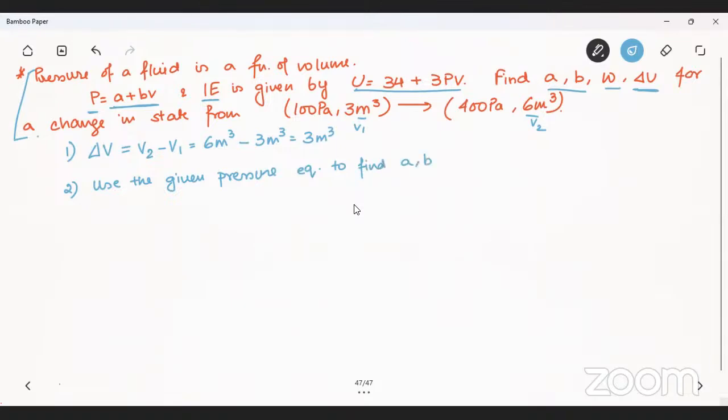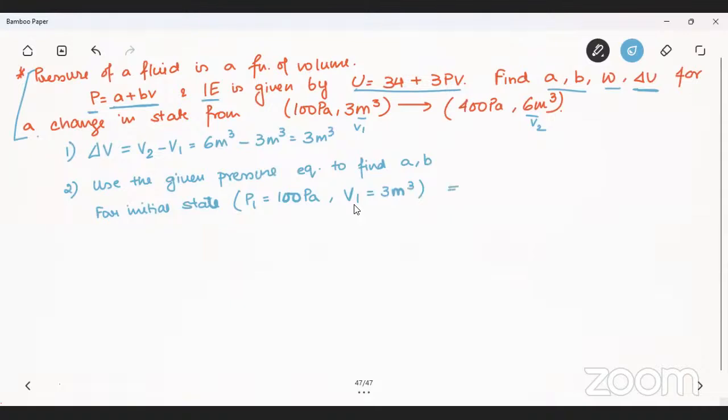So initial state. For the initial state, P1 is equal to 100 Pascal and V1 is equal to 3 meter cube.